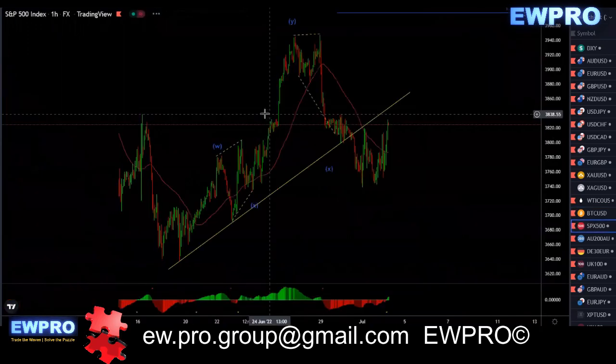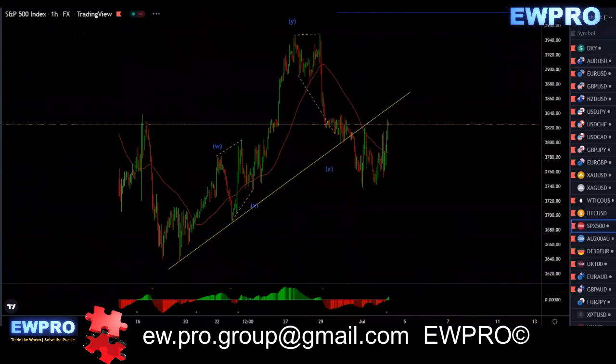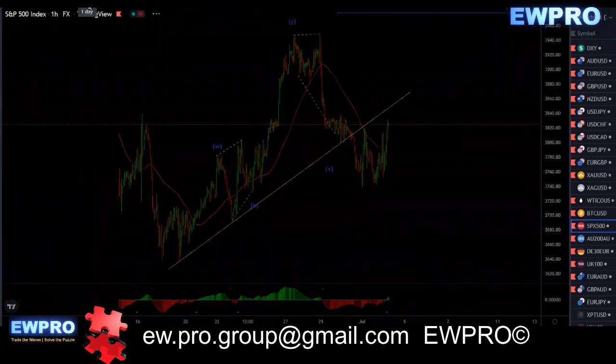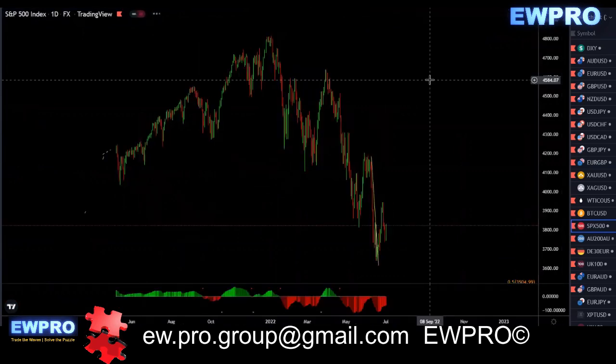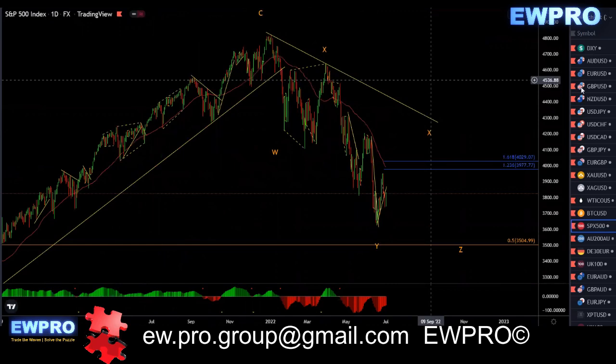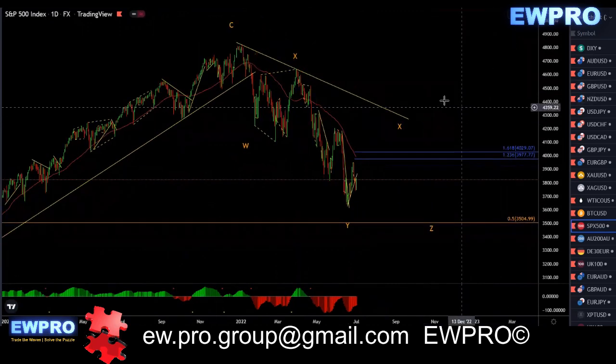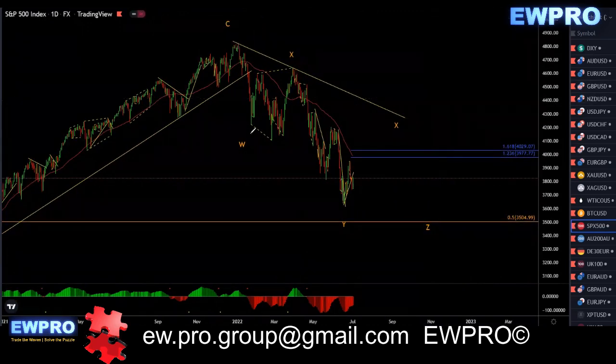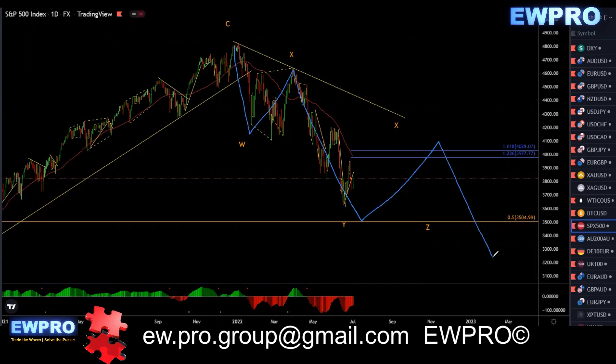SPX on the daily. If I can get it to load. Okay. So we're looking at that WX. We're still in this wave white. Then I'll be looking for an X2 up to the 38.2 fib retracement, and then the Z down.